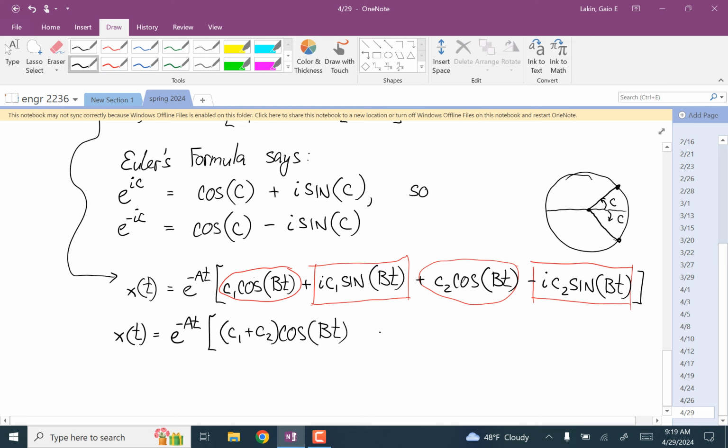And then we have i times the coefficient c1 minus c2 times the sine of bt. Okay?